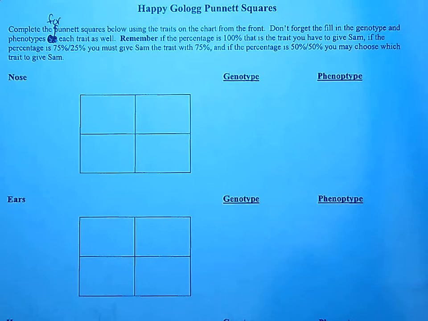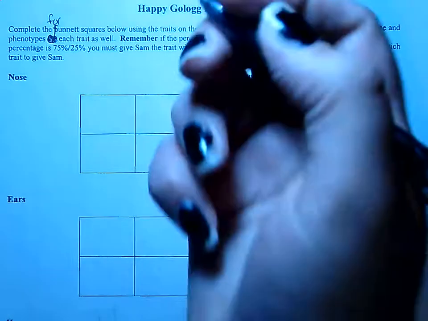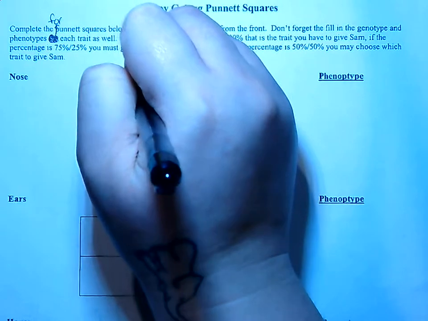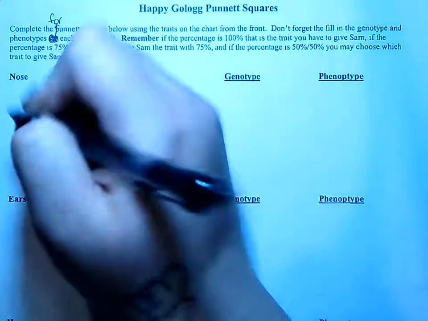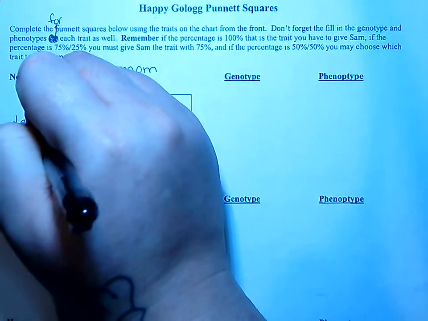So here we go. So for the nose, well, looking at the table, Sam's mother was heterozygous. So remember, we're putting mom on the top, dad on the side.